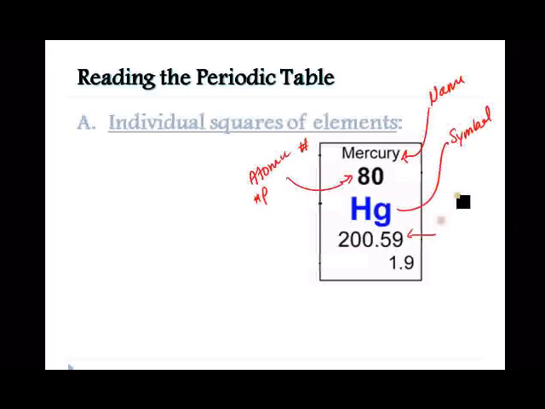This number, as it exists right now, is the average mass, or the atomic mass. If we rounded this number, we would get the mass number of the most common isotope. This is the number of protons and the number of neutrons. This number down here we'll talk more about later.